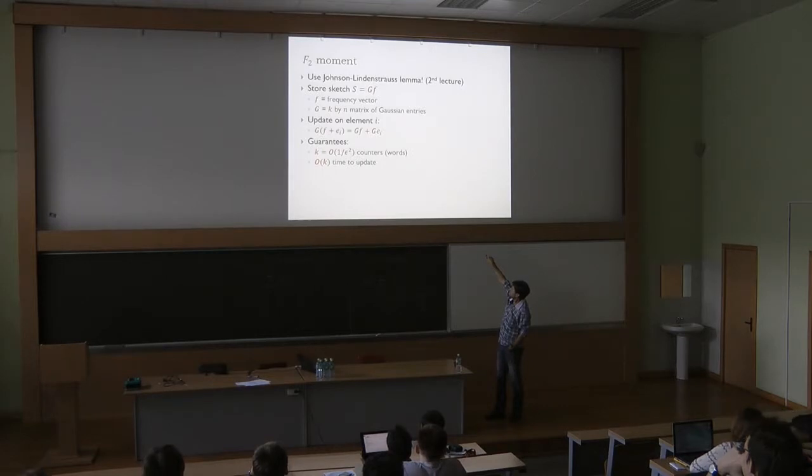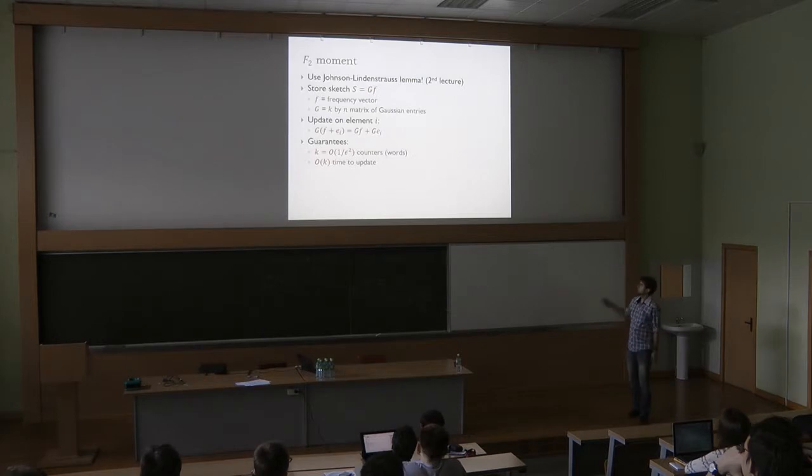What is this thing? e_i is the basis element, a bunch of zeros with 1 on coordinate i. You take this matrix G, multiply by e_i, and add it to the sketch. And you do not need to store this entire matrix G explicitly, otherwise it would be too big, much bigger than n.